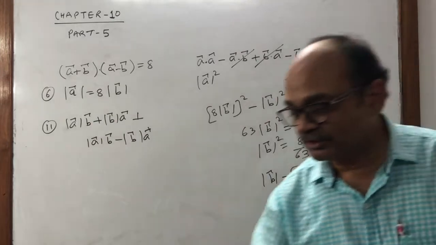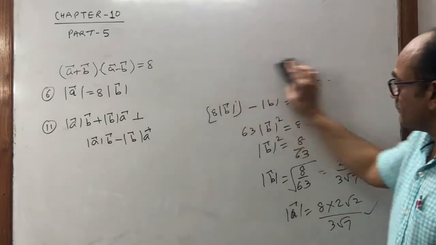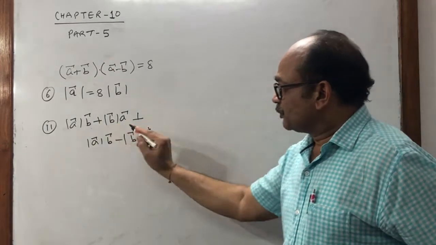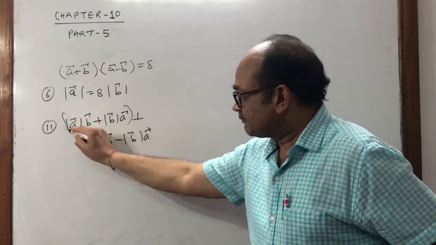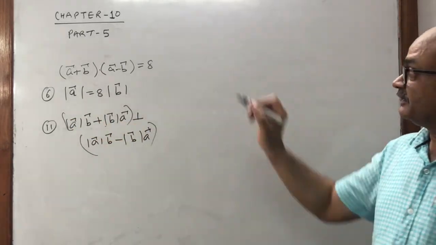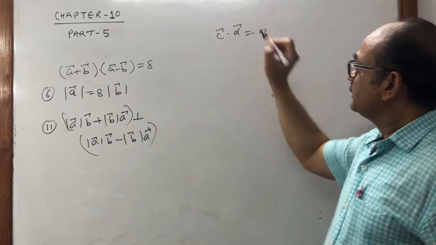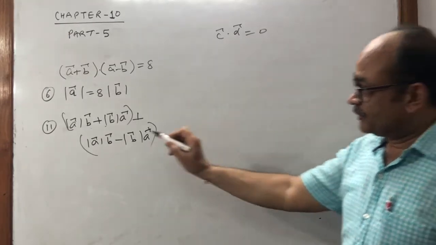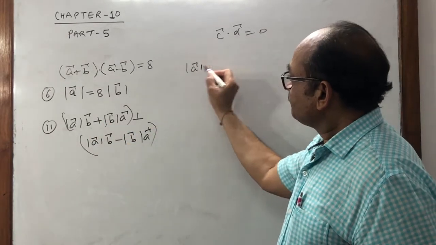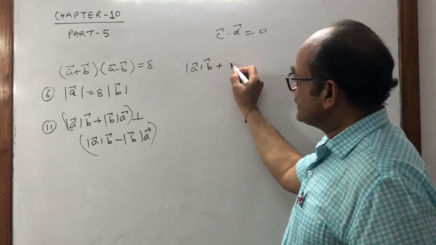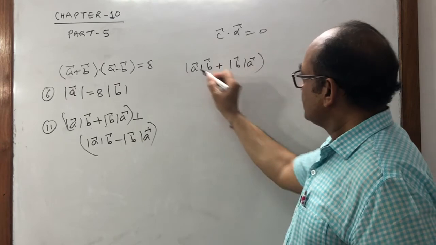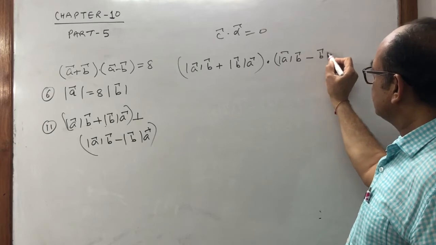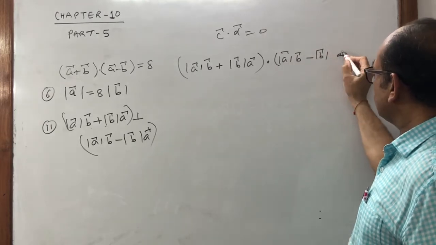Now one more question, question number 11. We want to prove that this complete vector, suppose C, and this one, suppose D, are perpendicular. When two vectors are perpendicular, it means we have to prove their dot product equals 0. So start with (mod A times B plus mod B times A) dot product (mod A times B minus mod B times A).